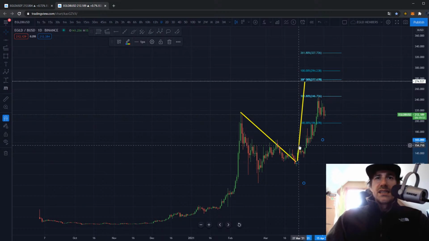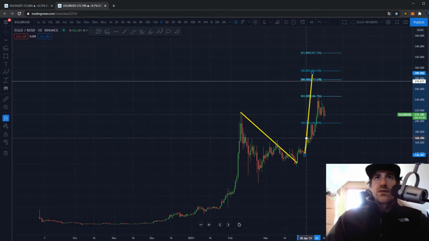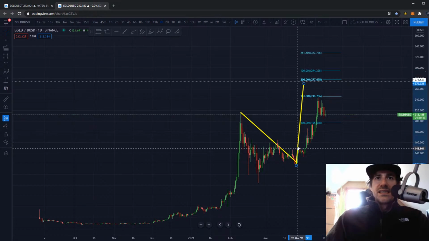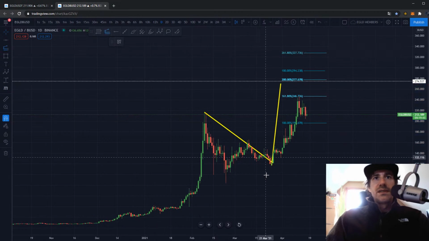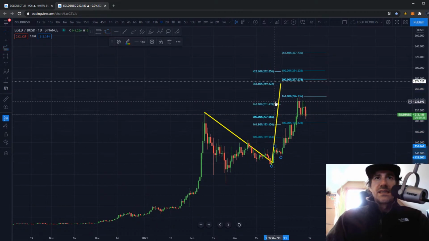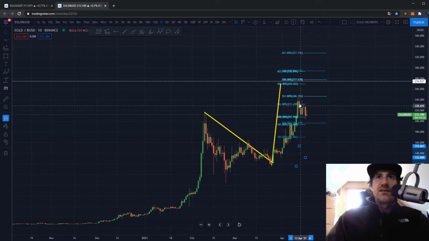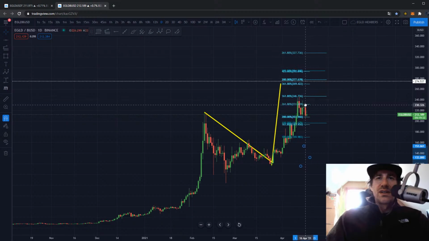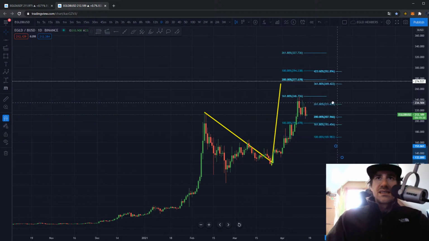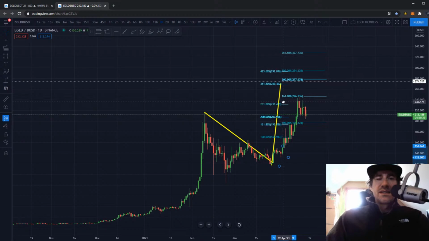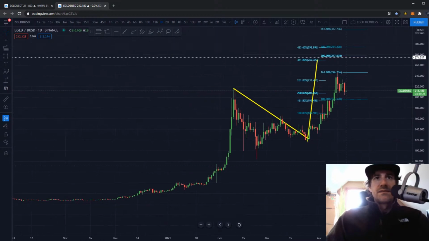If your breakout was from here, you see. Anyway, they're all fibs, and all fibs are resistance. And we have this correlation at 292, pretty strong. 294. This is nice to see up there.